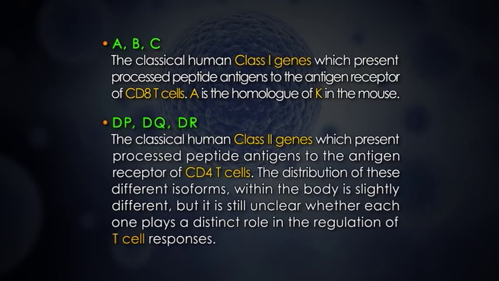DP, DQ, DR. The classical human class II genes which present processed peptide antigens to the antigen receptor of the CD4 T cells. The distribution of these different isoforms within the body is slightly different, but it is still unclear whether each one plays a distinct role in the regulation of T cell responses.